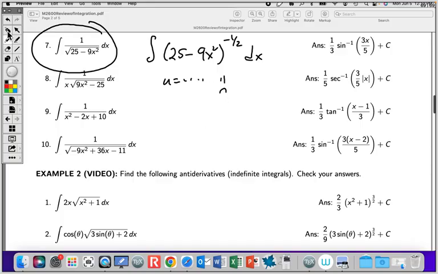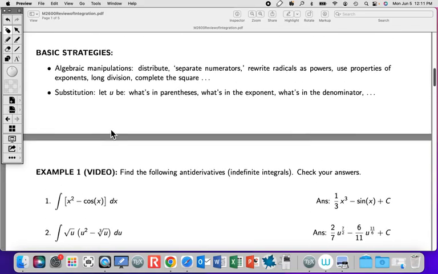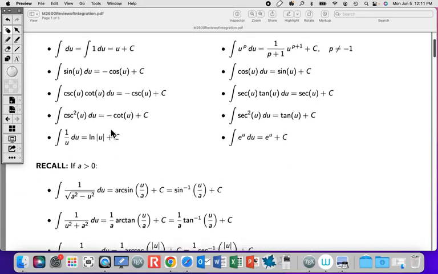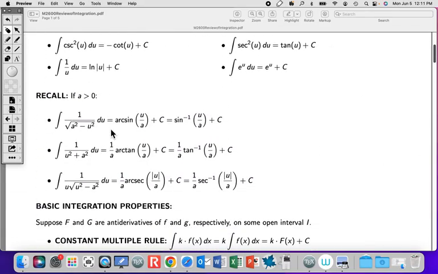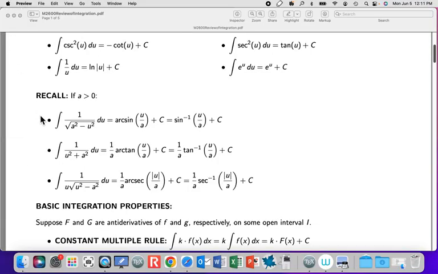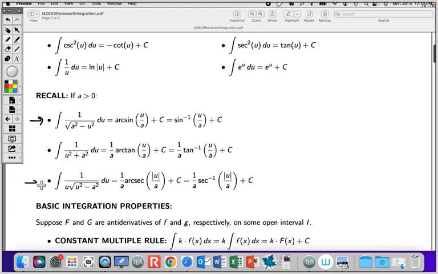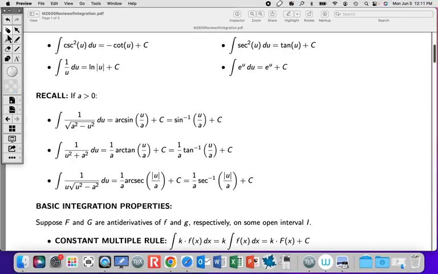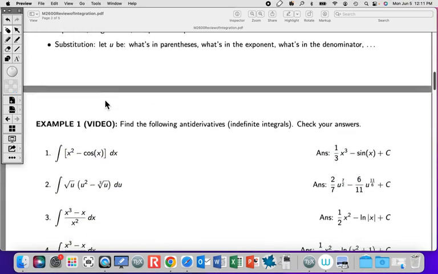So just remind ourselves that we've got these basic formulas involving square roots and denominators, namely the inverse sine and the inverse secant have these sorts of things in the denominators. So if you try to rewrite a square root as a power and things aren't going your way, it might be because it's actually one of these inverse sine or inverse secant formulas.